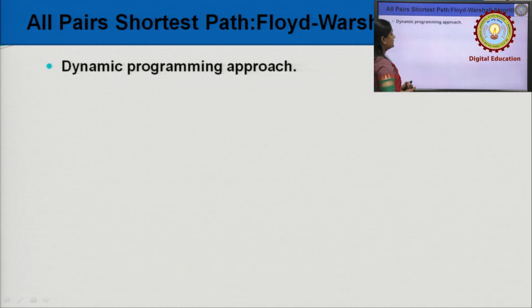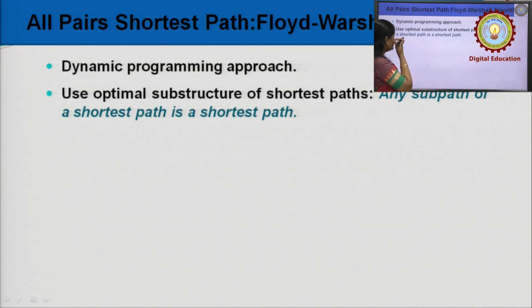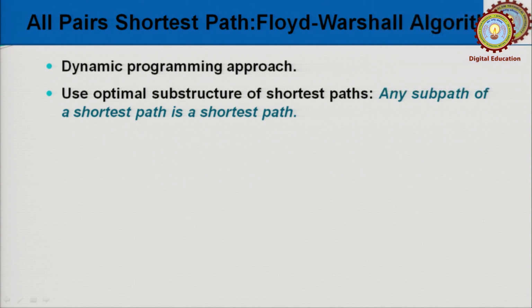So it is a dynamic programming approach, that means at each step we take a decision. Next, it has an optimal substructure of the shortest path, that means any subpath of a shortest path is a shortest path.